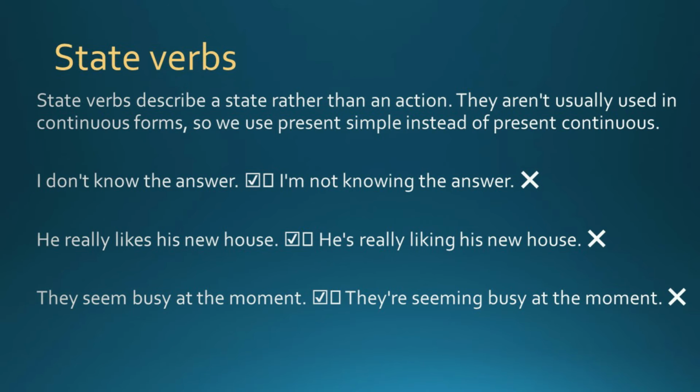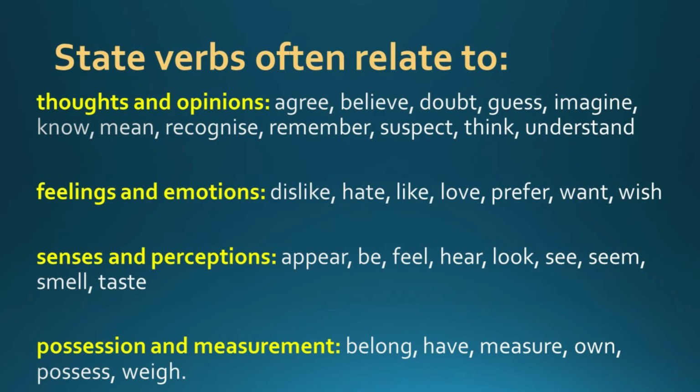You have to prefer the present simple for static verbs. Another one is he really likes his new house, instead of he is really liking his new house. Or they seem busy at the moment, instead of they're seeming busy at the moment. So for all the static verbs, you have to prefer present simple tense.